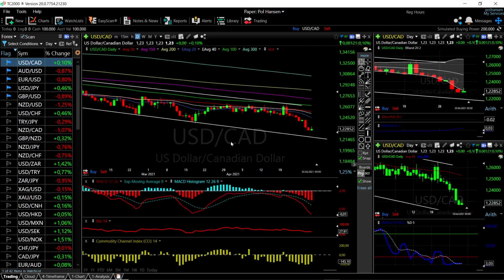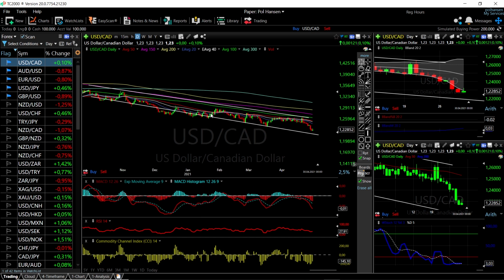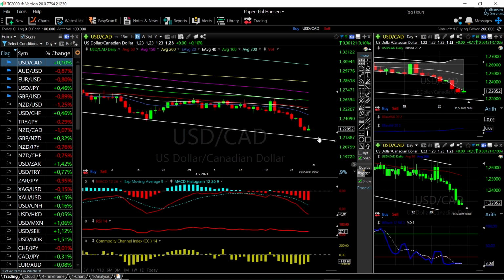So, US dollar, Canadian dollar, as you can see, we did fall significantly in the last 2 weeks. It's just a continuation of the same patterns that we have seen in the last year: rally towards the 50 moving average, breakdown, rally, breakdown, rally, breakdown. We did get significantly overstretched here in the Bollinger Band and also significantly oversold.